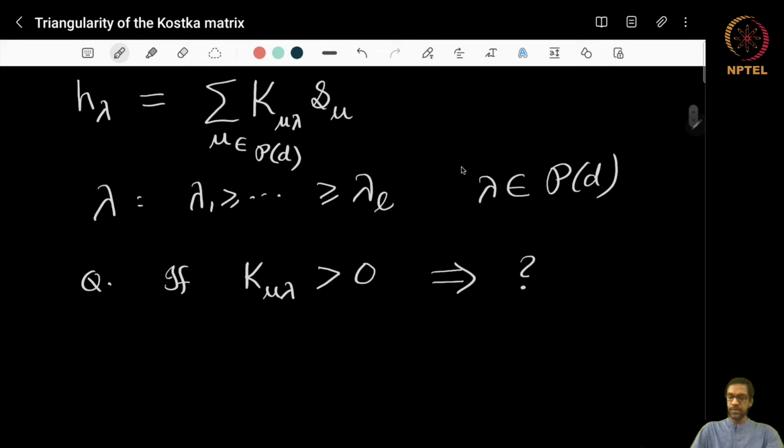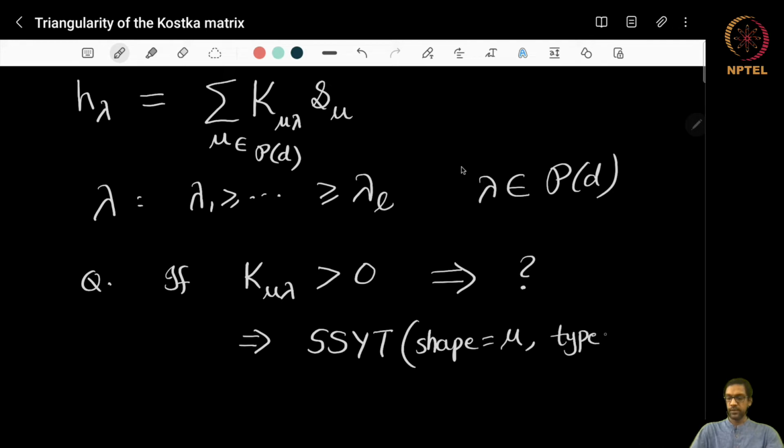By definition, this means that there exists at least one semi-standard Young tableau whose shape is mu and whose type is lambda. So the set of semi-standard Young tableaux of shape mu and type lambda is not empty.